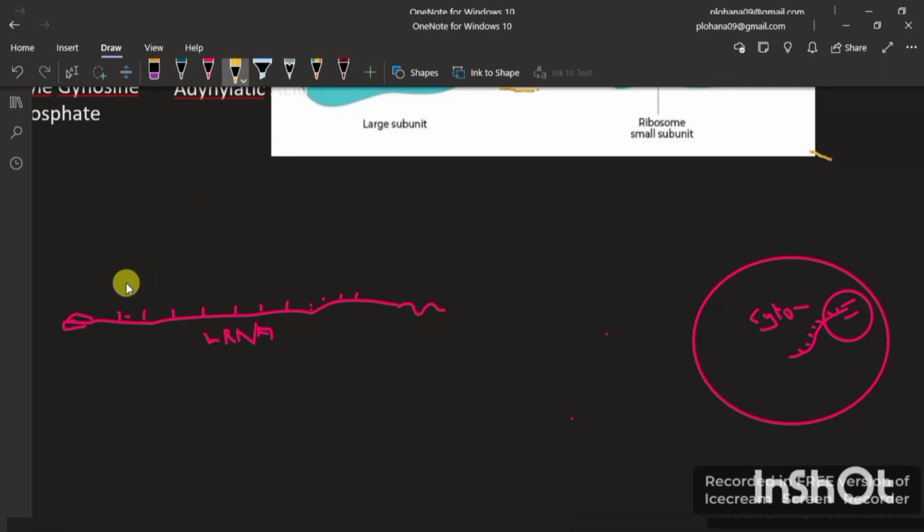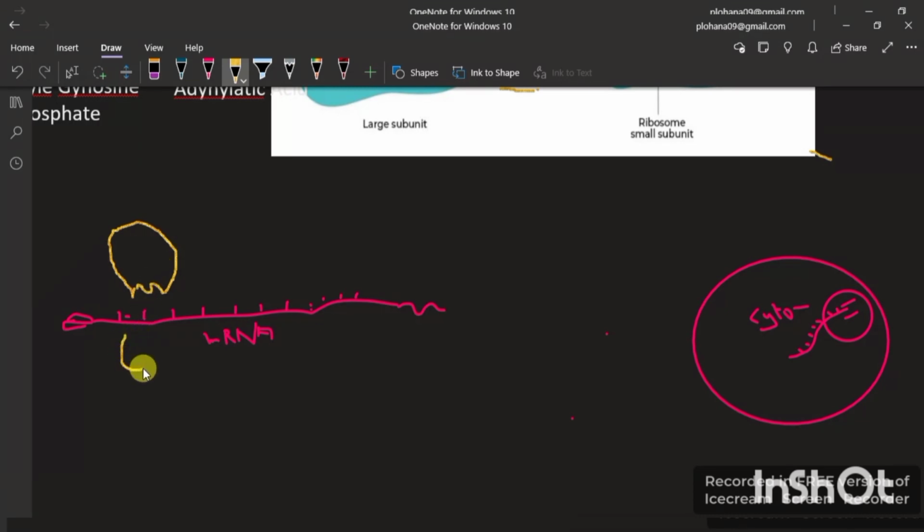Now I'm going to make rRNA, which was made with the help of RNA polymerase 1. RNA polymerase 1 made what? It made rRNA, which is the ribosomal RNA. Now I'm just going to make the ribosomes here. These are ribosomes. This is a ribosome, and the upper one is the large subunit and the lower one is the small subunit.